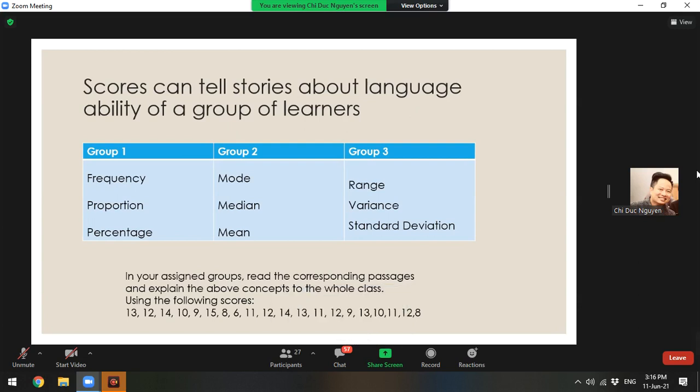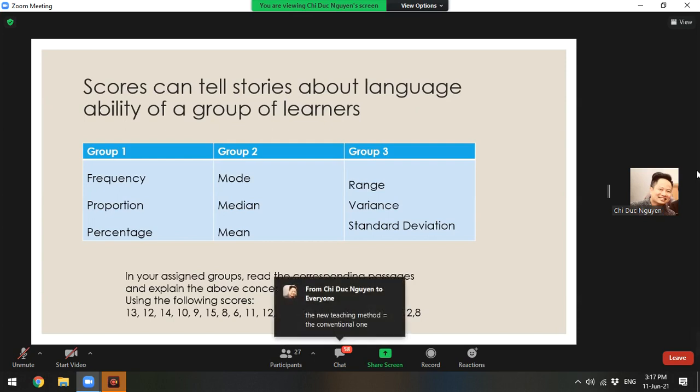But because a few students score very high, when it comes to the mean, it has equalized the effect of the teaching method. And when you carry out some statistical computation, you're going to see that there are no significant differences between the two groups in terms of the final test outcome. And from that, I can say that the new teaching method just has the same effect as the conventional one.